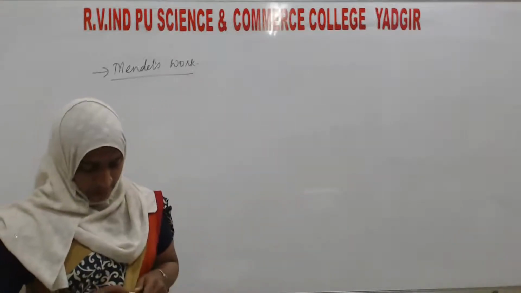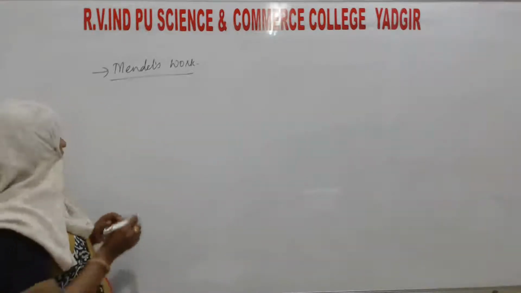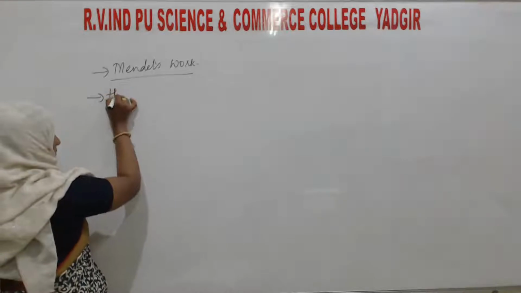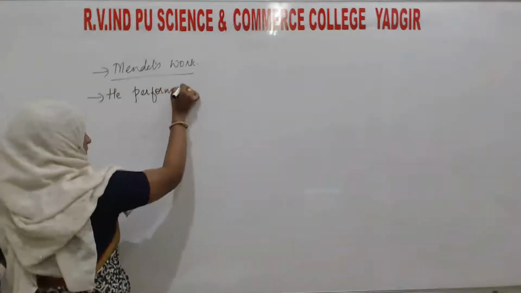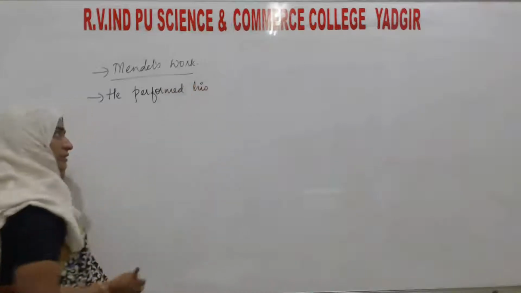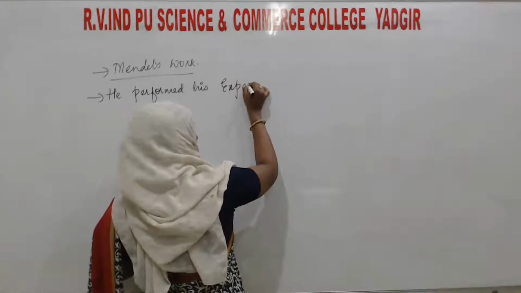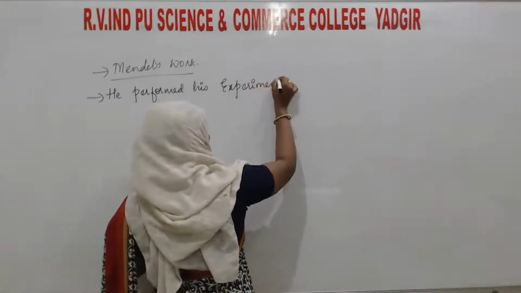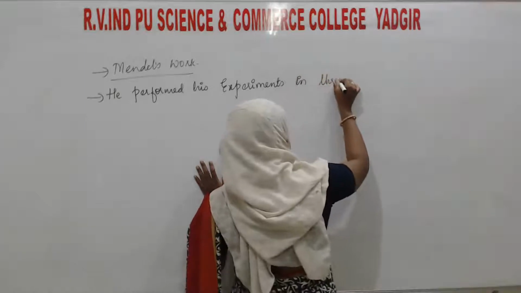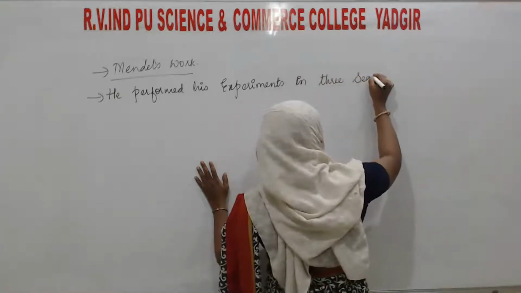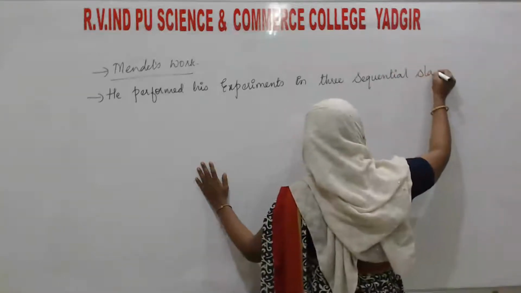Mendel performed his experiments in 3 sequential stages.